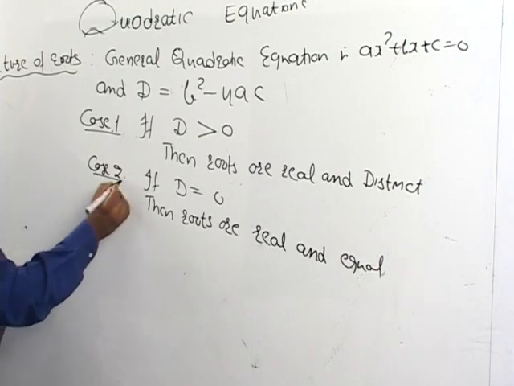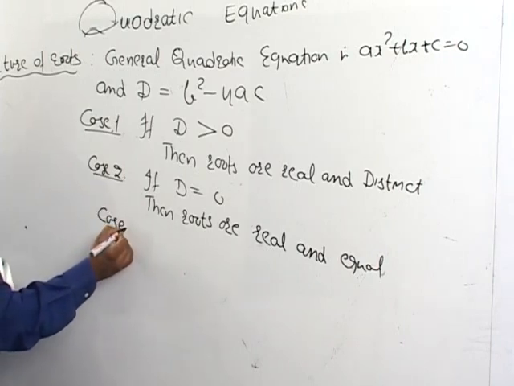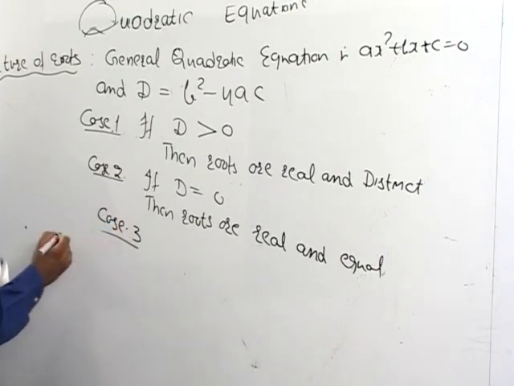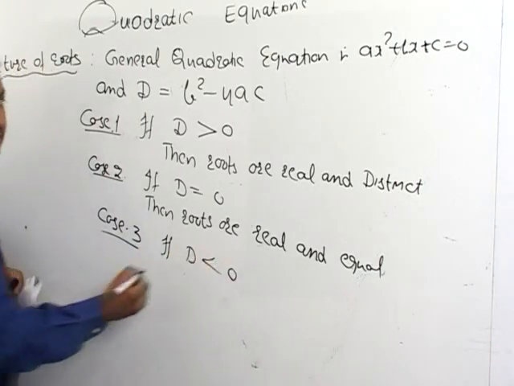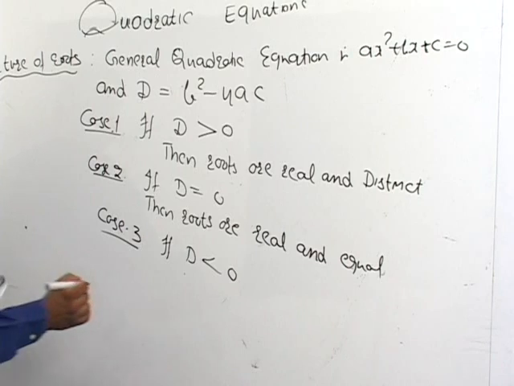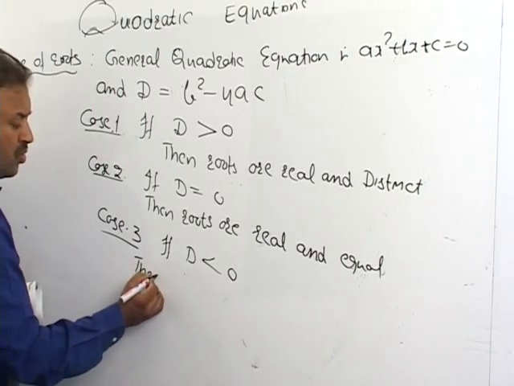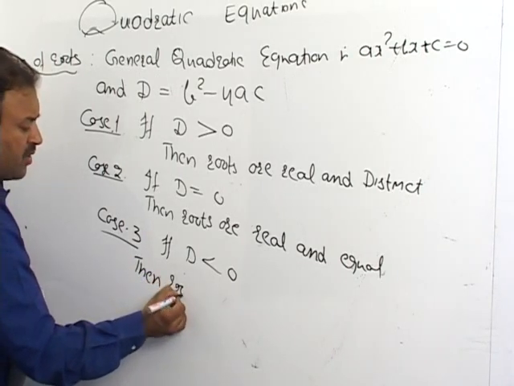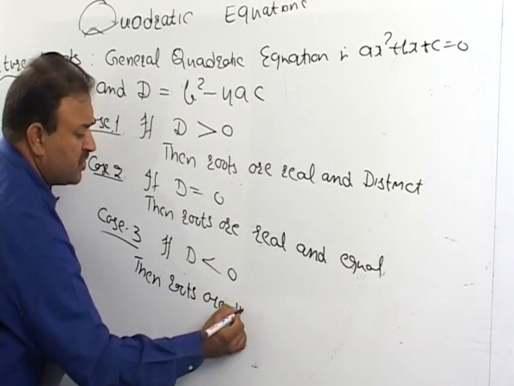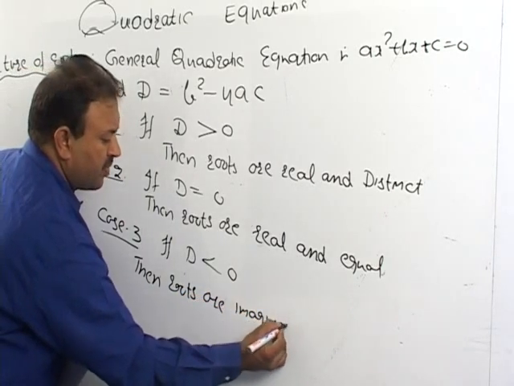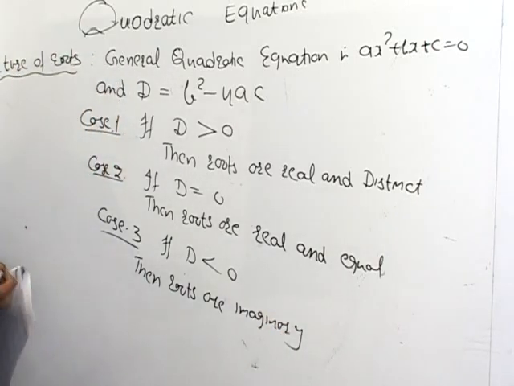Case 3, if D less than 0, then roots are imaginary.